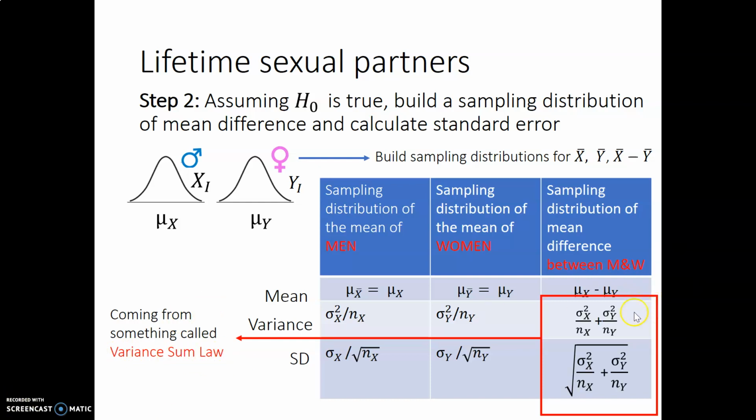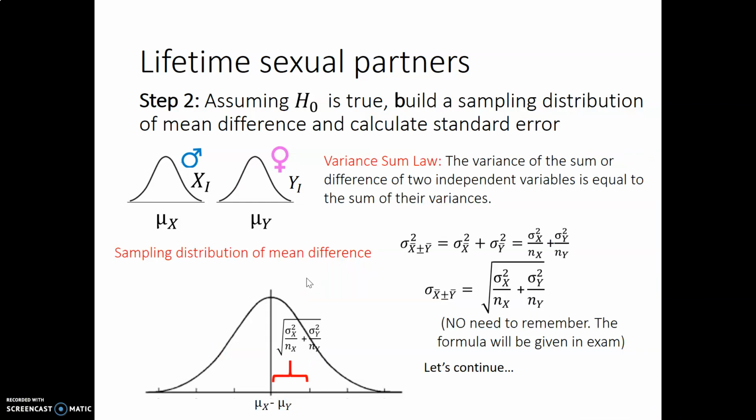And what do these values mean for this sampling distribution of the mean difference? I'm gonna give you a visualization to have a more direct and intuitive sense about the meaning of these values. Let's look at this corner of the slide. Here is the sampling distribution of the mean difference between men and the women.